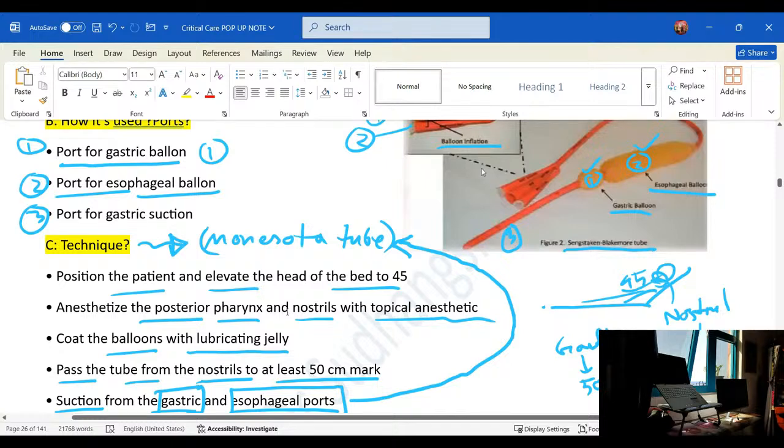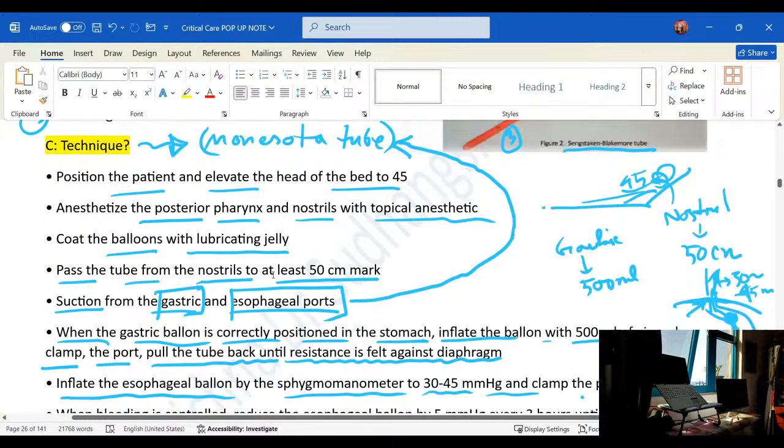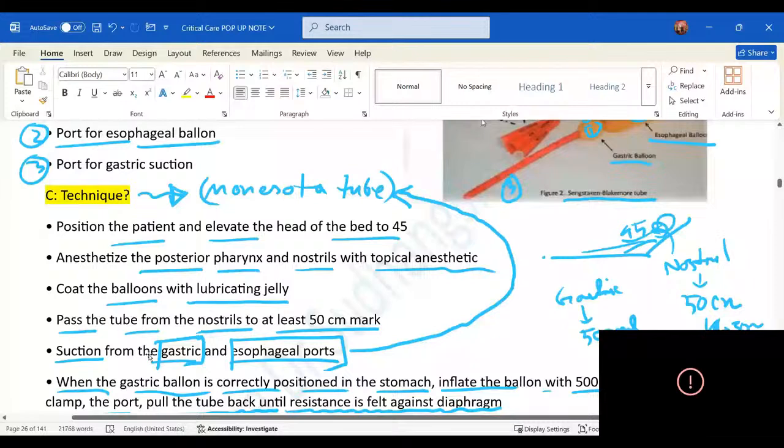If they ask about the Blakemore tube, we'll say suction from the gastric port. It is not very important, but we can remember it.